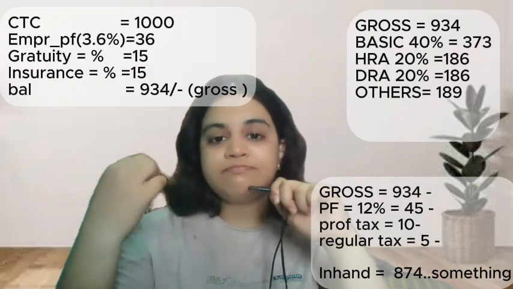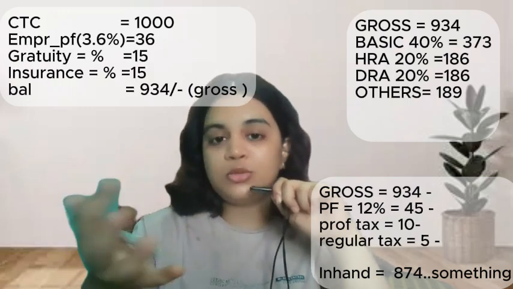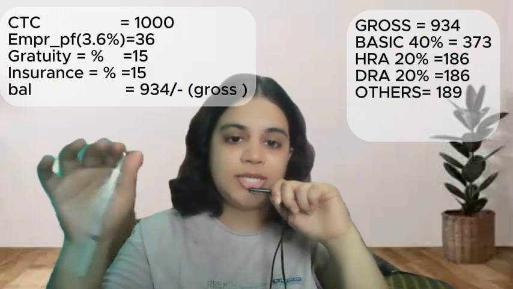So when you get to know that people are making 12 lakhs, 13 lakhs, don't just divide by 12 and assume this guy or girl is making 1 lakh per month. I mean 12 lakhs per year, sorry.